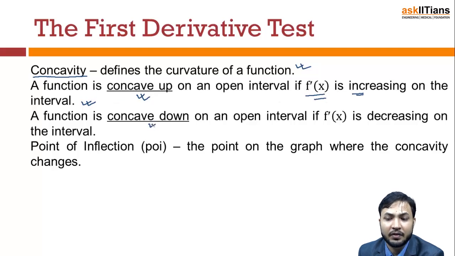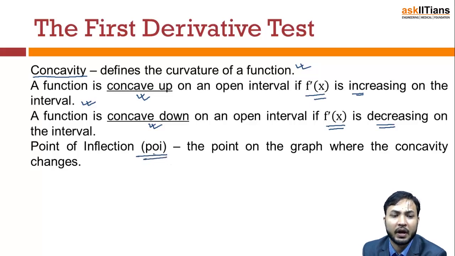If it is concave downwards, then it is a decreasing function for f dash of x. And the critical point is what is called the point of inflection. Basically, where concave becomes convex, that point is said to be the inflection point.